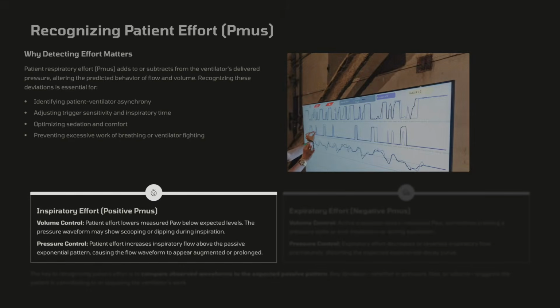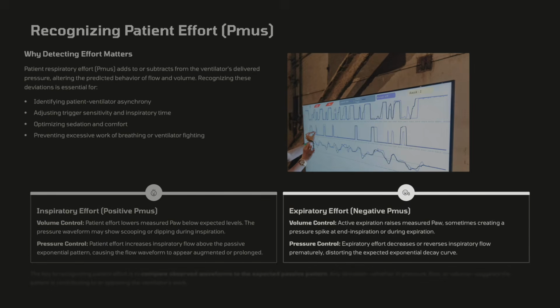So inspiratory effort, it is a positive P mus, which means that in volume control, the patient effort lowers the airway pressure below the expected. So the pressure waveform will show a scooping or dipping view. In pressure control, it will show as the passive exponential pressure, with the flow waveform appearing augmented and more prolonged. You will find augmentation in the flow waveform.